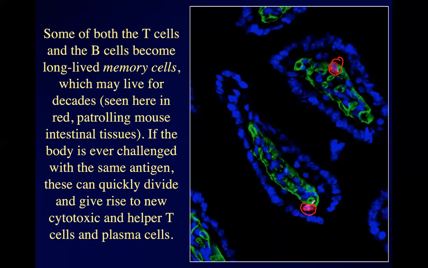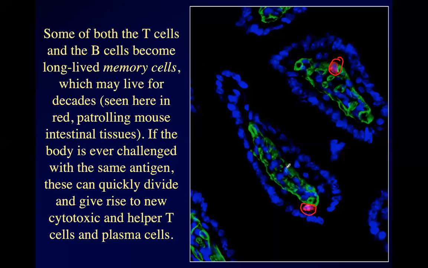And the upshot is if the body is ever hit with the same antigen, if you ever get the same virus or the same bacterium or whatever it is, those memory cells are already there, and they can very quickly divide and give rise to new cytotoxic and helper Ts and give rise to new plasma cells.